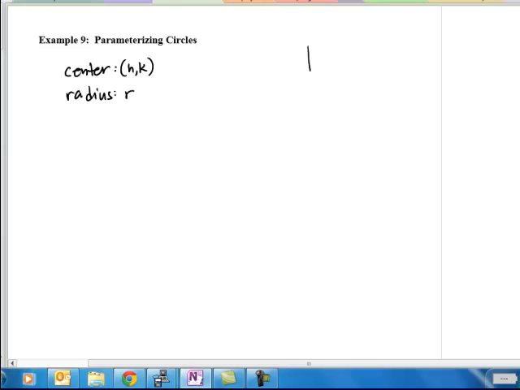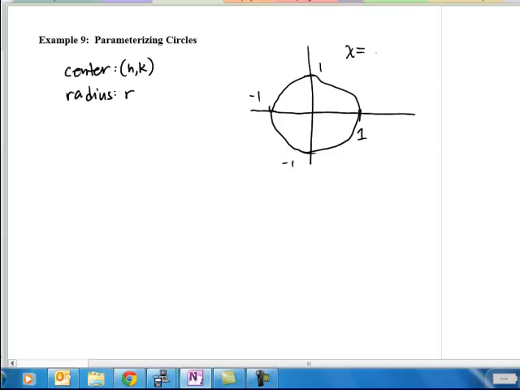So our standard circle, our unit circle, we know a parameterization for that is just x equals cos t and y equals sine t.